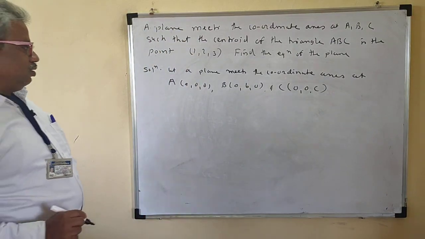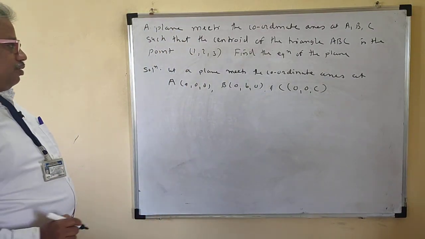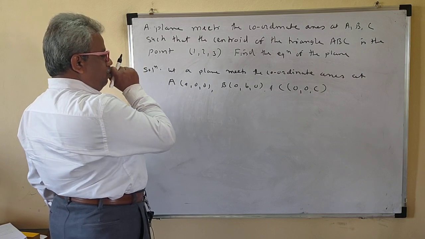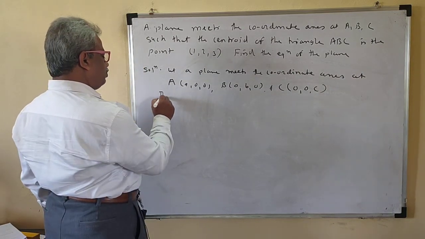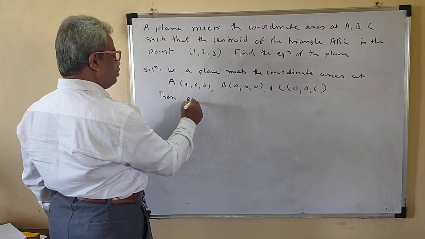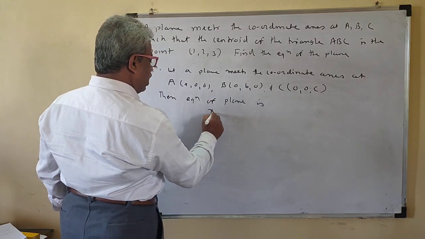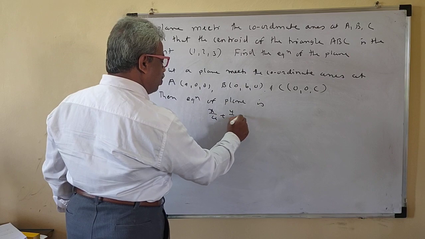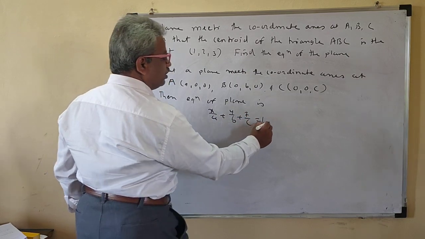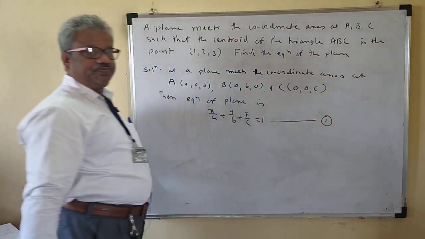Then the equation of the plane is x upon a plus y upon b plus z upon c is equal to 1. We call this 1.